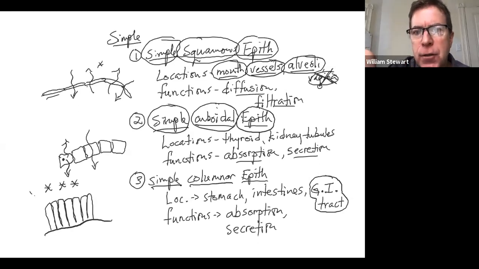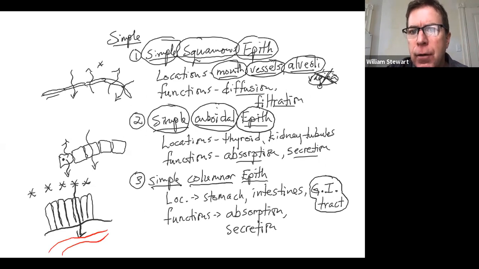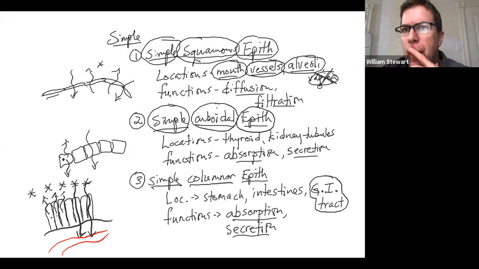So we've ingested nutrition, we've chewed it up, we've broken down the food that we've eaten. We have to get those nutrients across the wall of our intestine and into our bloodstream. So that act of going from here across this wall and into our blood is called absorption. Secretion is just like I listed above. That means these cells themselves also have the abilities to secrete things. In this case, it's a mucus-like fluid. All right, so that takes care of the simple epithelial tissues. I'm going to go on now to the stratifieds.